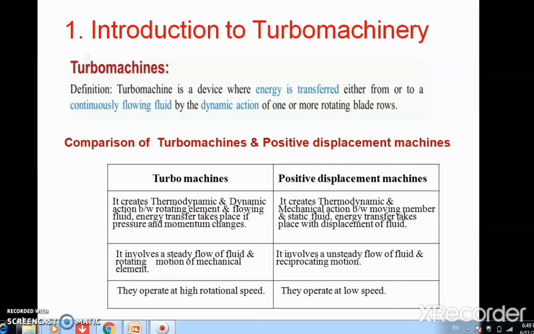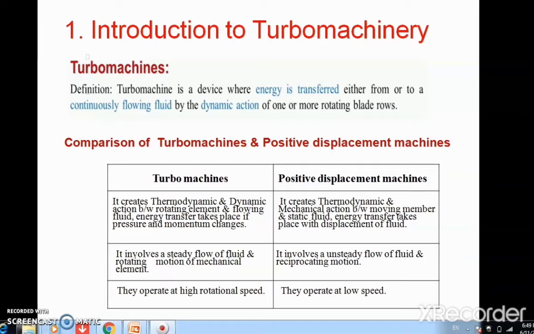Now let us compare these turbo machines with positive displacement machines. The basic difference is that turbo machines create thermodynamic as well as dynamic action between the rotating element and the flowing fluid.